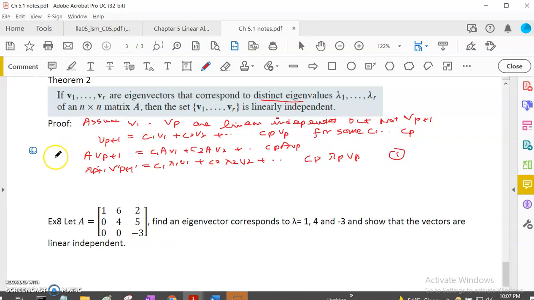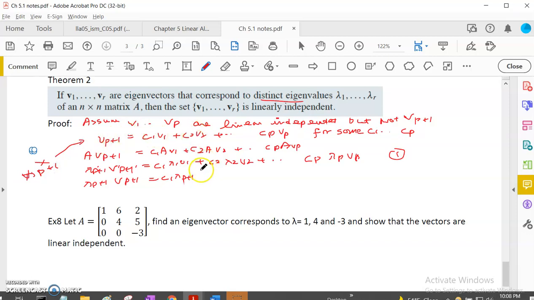And I'm going to also multiply lambda p plus 1 to this one. So I multiply both sides by lambda p plus 1. I will have lambda p plus 1 times Vp plus 1, but it will be C1 lambda p plus 1 V1, because I'm just multiplying this whole thing by lambda p plus 1.